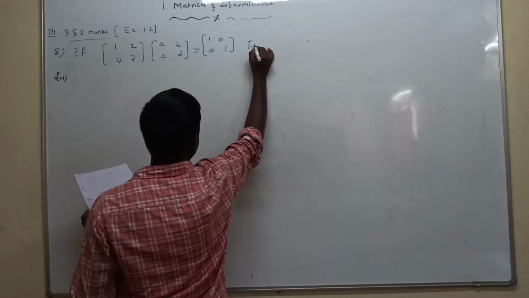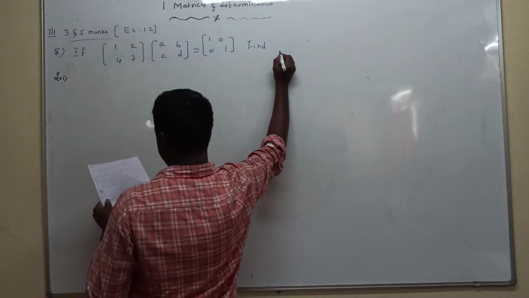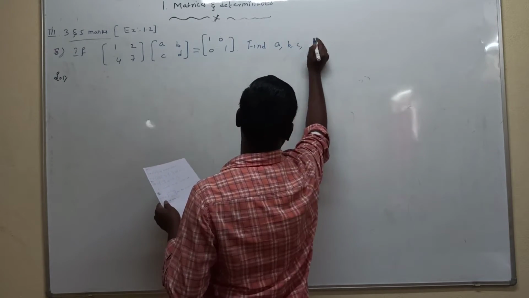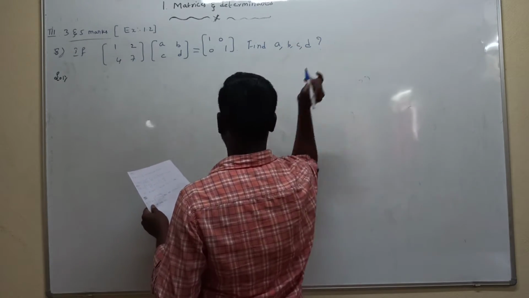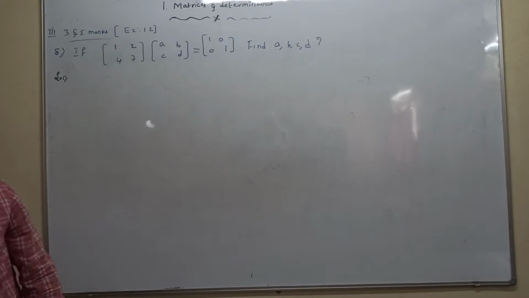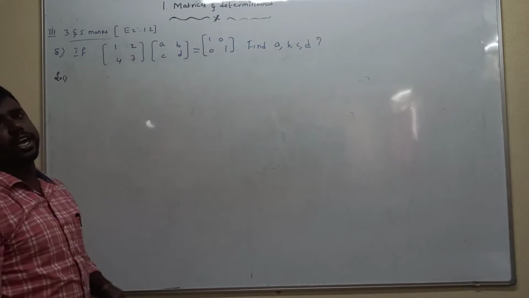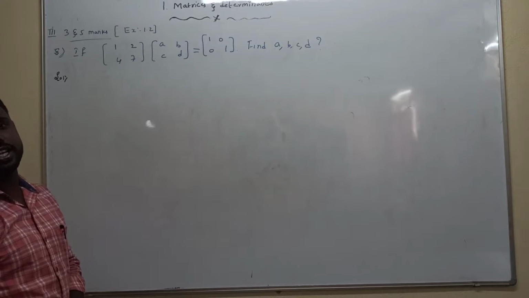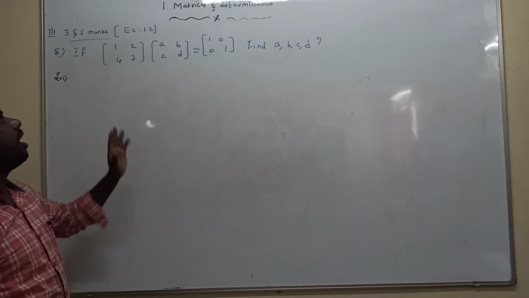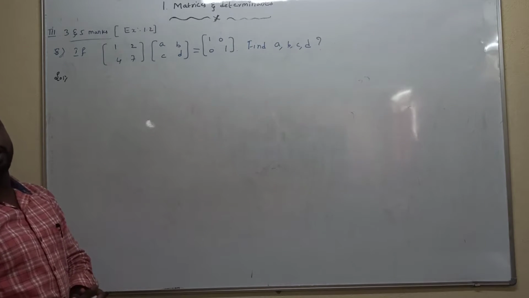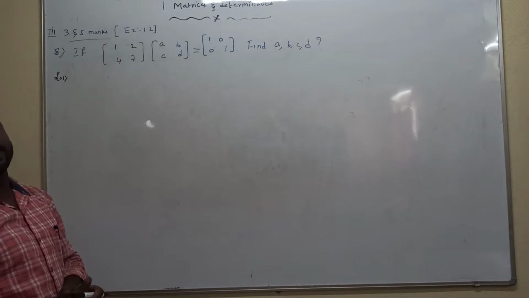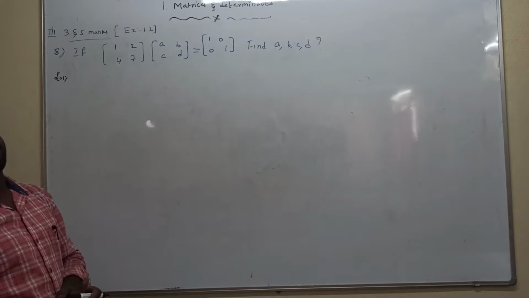Find the A value, B value, C value and D value. Observe here, students, on the left-hand side is a product of two matrices. So by applying the multiplication of two matrices, then equating the corresponding elements, we get equations. Those equations we can solve, and finally we get the A, B, C, D values.